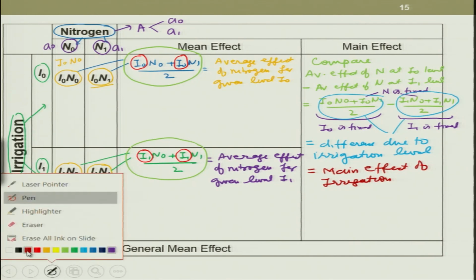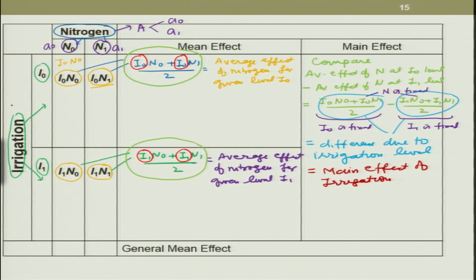And similarly, for this irrigation, I say this is my factor B, which has two levels, say B0 and B1. So, I denote this I0 as B0 and I1 as B1.